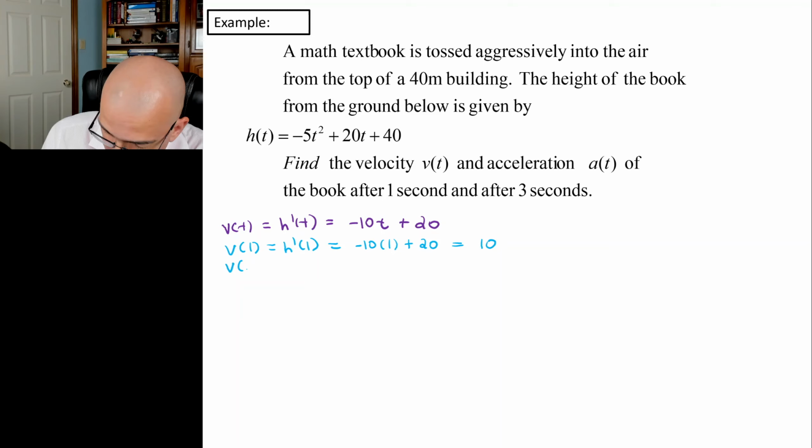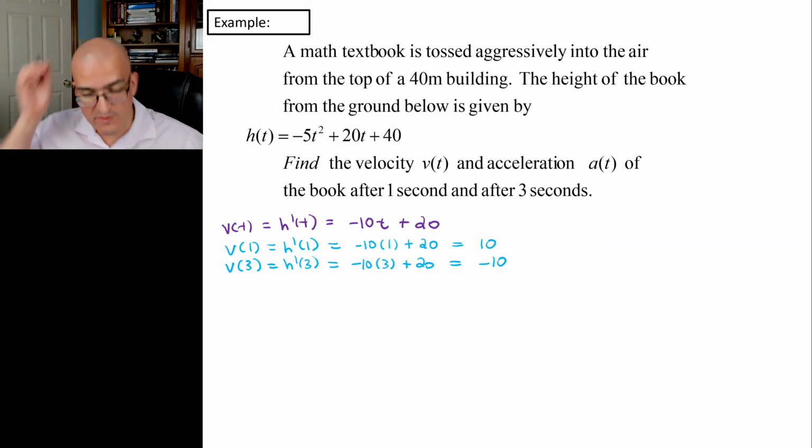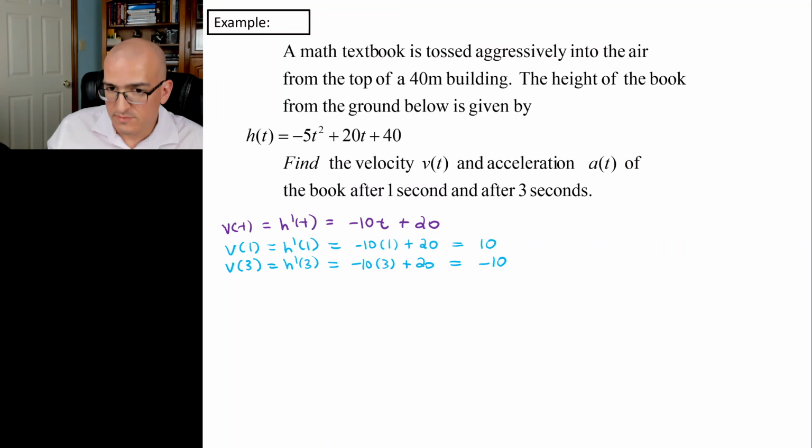V of 3 is equal to h prime of 3, so negative 10 times 3 plus 20, which is negative 30 plus positive 20, or negative 10. And if you're interested in the units, these units would be meters per second.